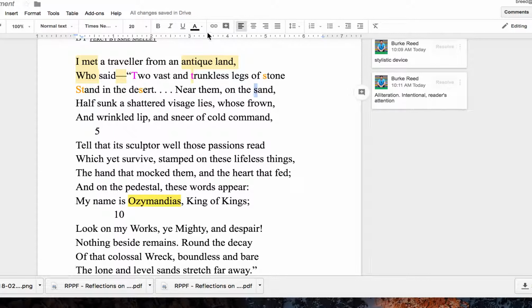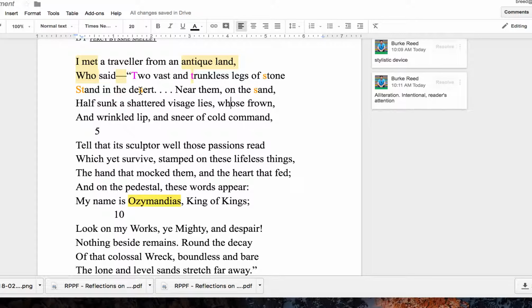Again, we can continue on. I'm not going to highlight everything, but sunk, shattered, visage, whose. It continues on. Sneer. Again, these are all examples of sibilance. They are also examples of alliteration, because some of them start with the letter S. Some of these are more consonant sounds.